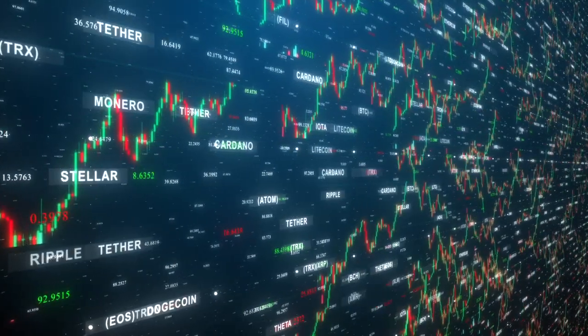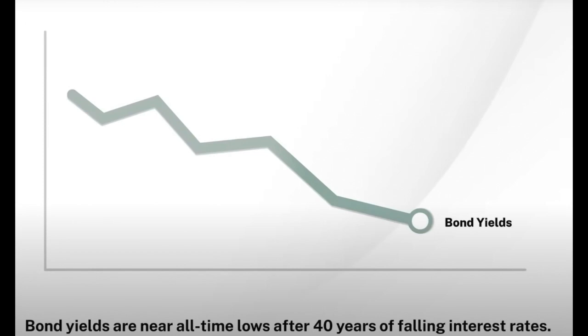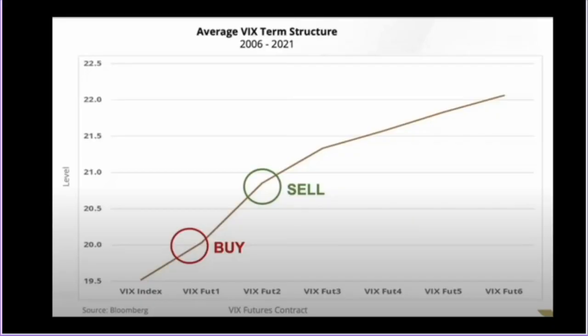Now, the reason why Simplify believes this is a great strategy is that bond yields are at near 40-year lows, and normal company dividends may not have enough juice for what investors are looking for. I mean, nowadays we have people in the community thinking that a 4% yield is too low. Thus, the income that can be produced by selling volatility is going to be king today.